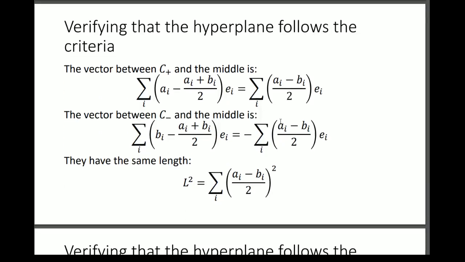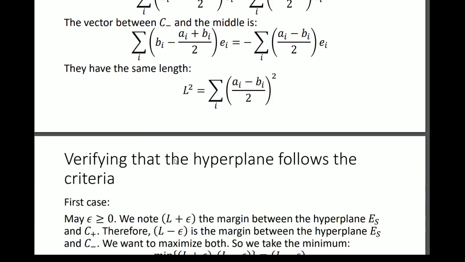If you calculate the vector between C minus and the middle of the line, it's equal to minus the same result. So they have the same length because it's the middle. But we want to verify that the plane that verifies the maximum margin has the same length as the one we calculated earlier.